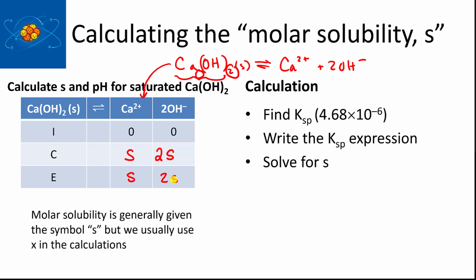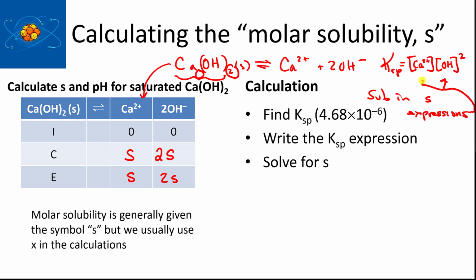Now, the expression for this, Ksp, is going to be equal to the concentration of calcium times the concentration of hydroxide squared. And now I can substitute in the S expressions.